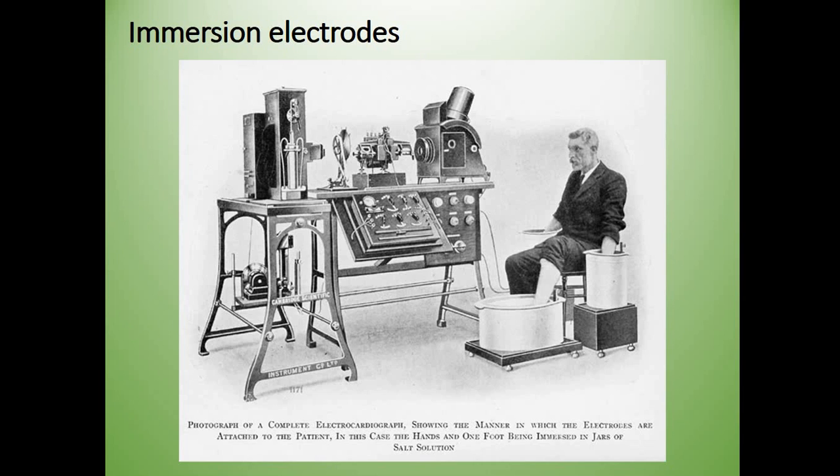As might be expected, this type of arrangement presented many difficulties, such as restricted position of the subject and danger of electrolyte spillage. Now, this arrangement was actually made by the father of electrocardiography, Professor William Einthoven.